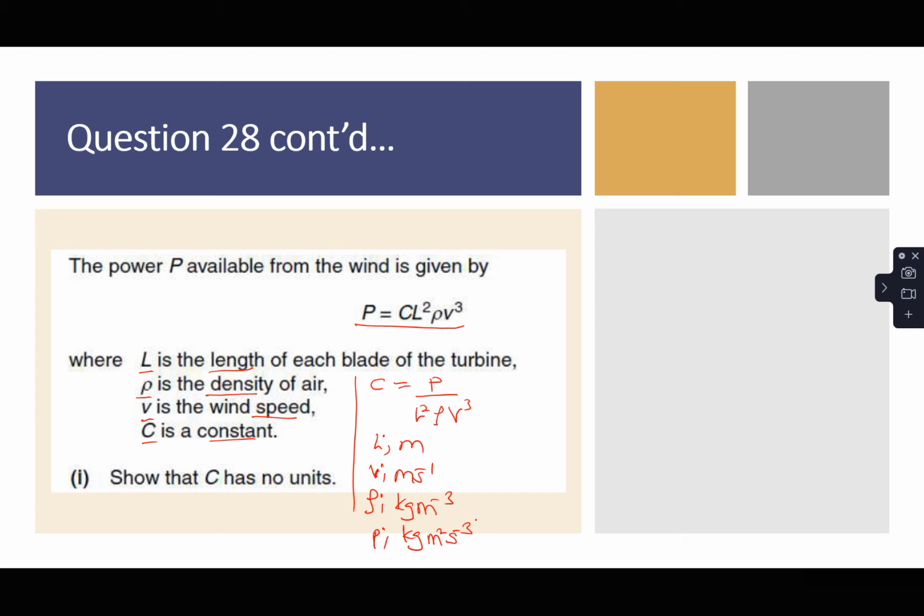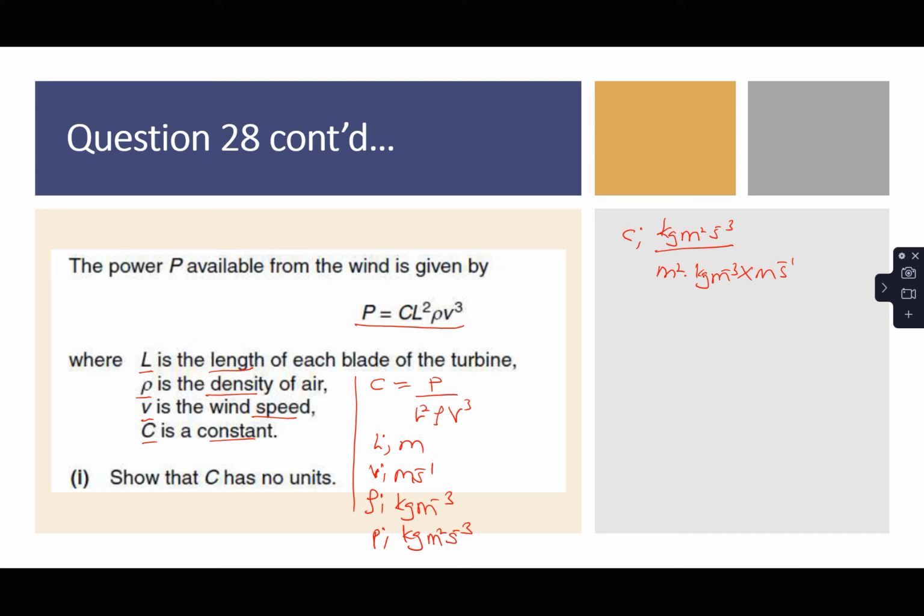Therefore, the base units of C will be equal to those of power, kilogram meters squared s to the power negative 3, divided by meters squared times density, kilogram per meter cubed, times speed V, meters per second, cubed.